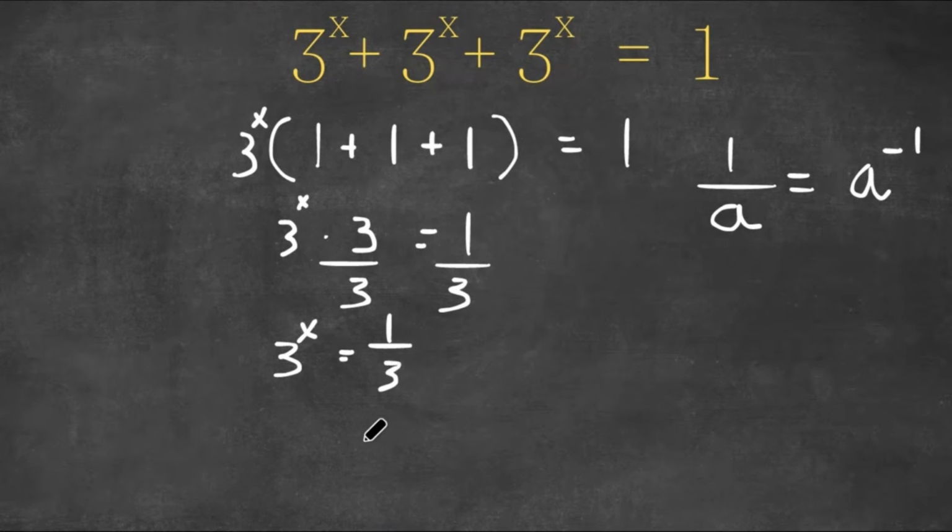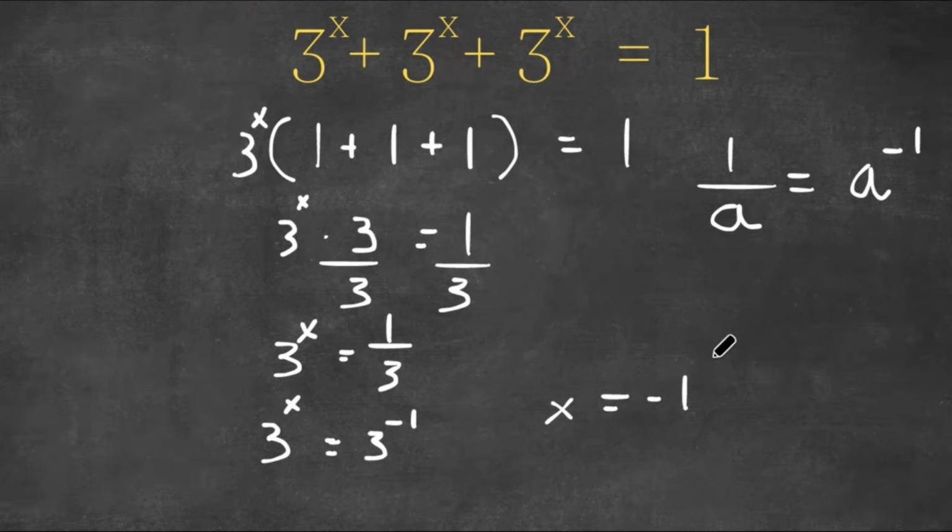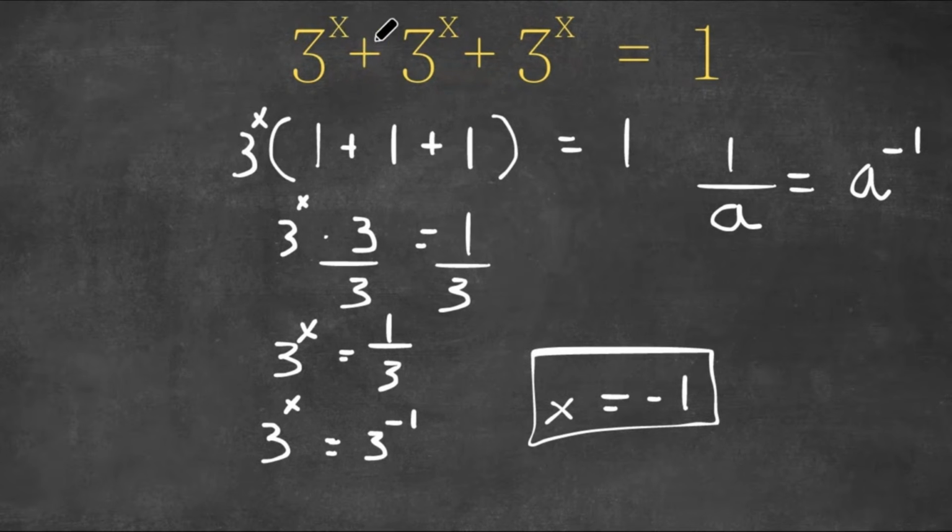So 1 over 3 would be 3 to the power of negative 1. So now we have 3 to the power of x is equal to 3 to the power of negative 1, meaning x is equal to negative 1. And if we plug in negative 1, we get 1/3 plus 1/3 plus 1/3, and 1/3 times 3 is 1. So we know that's right.